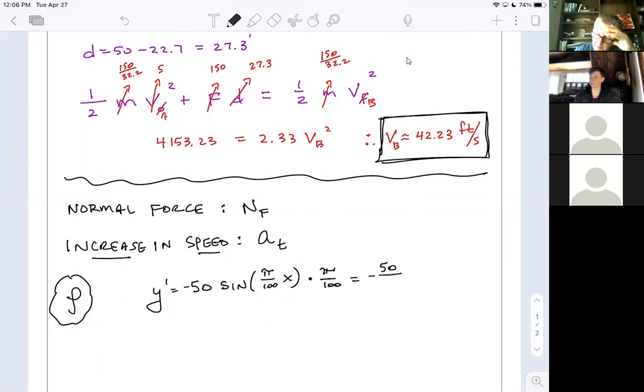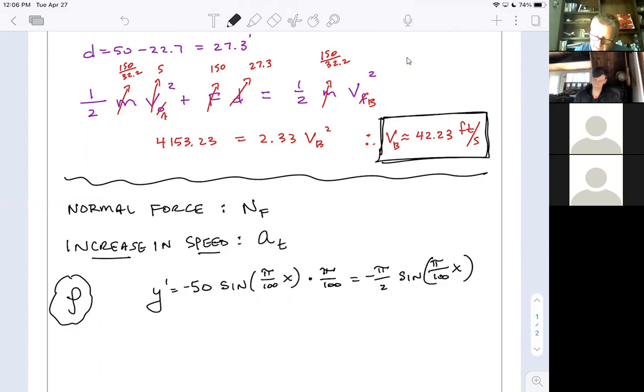I could put all the constants together. 50 over 100 simplifies to a half, so I end up with negative pi over 2 sine of pi over 100 x.